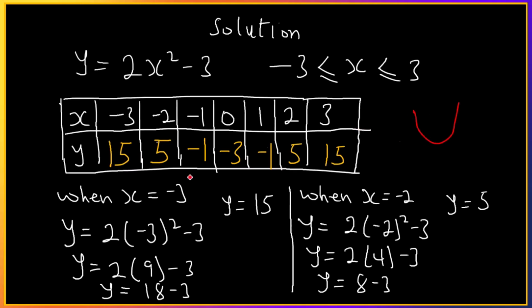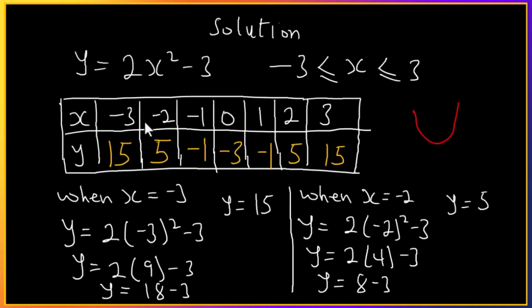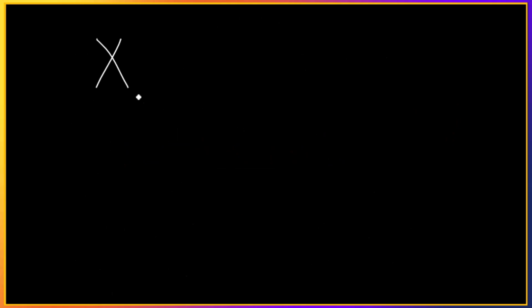So x ranges from negative 3 to positive 3. So the smaller here, negative 3, and then the upper here, positive 3. So this is the range of values of x, negative 3, positive 3.